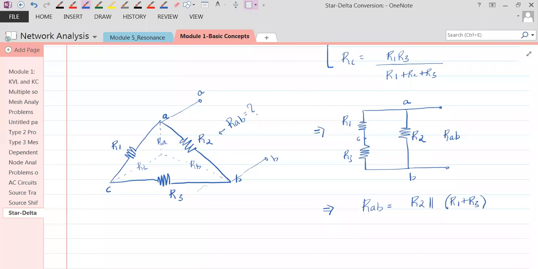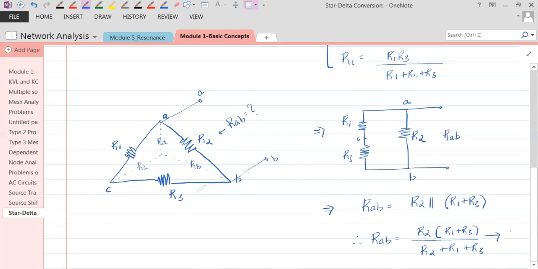Now, our RAB would be R2 into R1 plus R3 divided by R2 plus R1 plus R3. So this is your RAB obtained from delta.